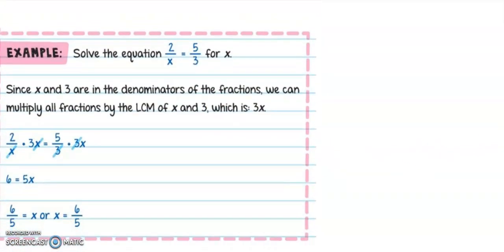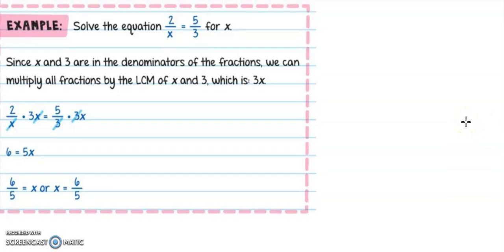Okay, another example. Solve the equation 2 over x equals 5/3. This looks a little bit more familiar to what we've been working with. Since x and 3 are the denominators of the fractions, we can multiply all fractions by the least common multiple.